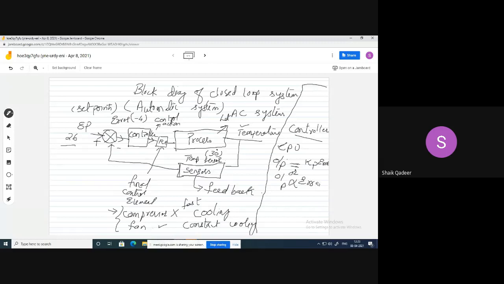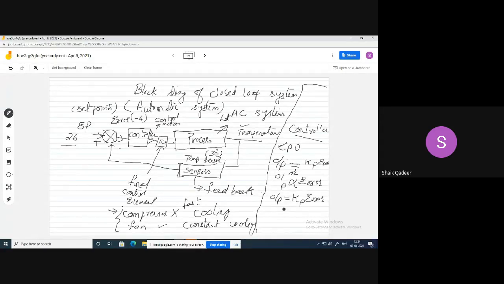Can I write like this? I will remove the proportionality and write: output is equal to some constant Kp times error. So this arithmetic equation gives a value which is directly proportional to the error value.